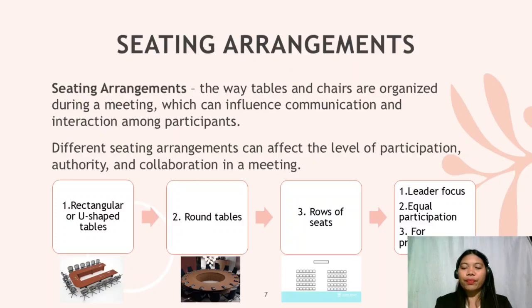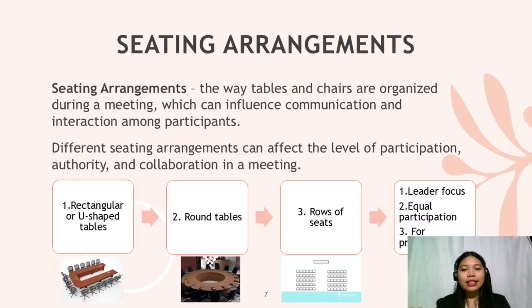For example, a rectangular or U-shaped table usually has a head of the table, which is often occupied by the leader or manager. This arrangement shows authority and is commonly used in formal meetings.